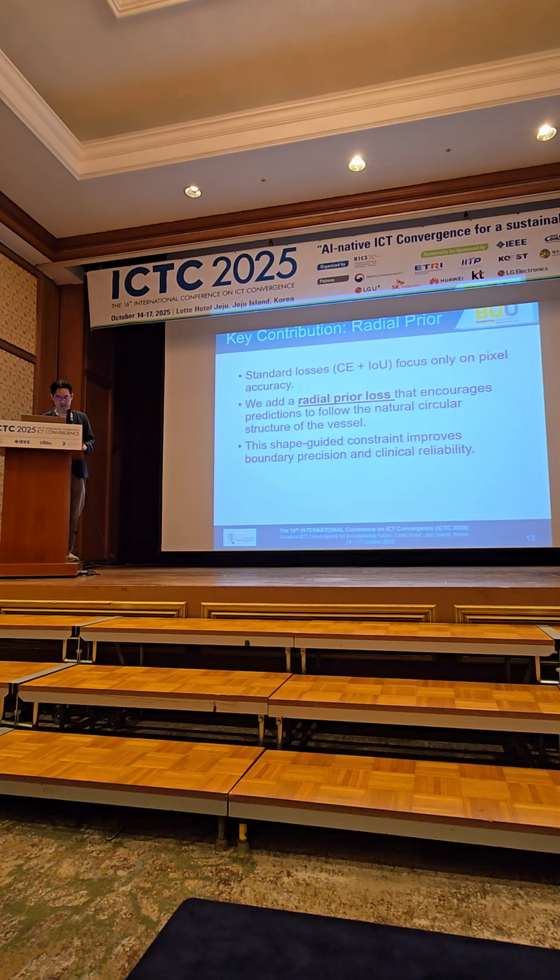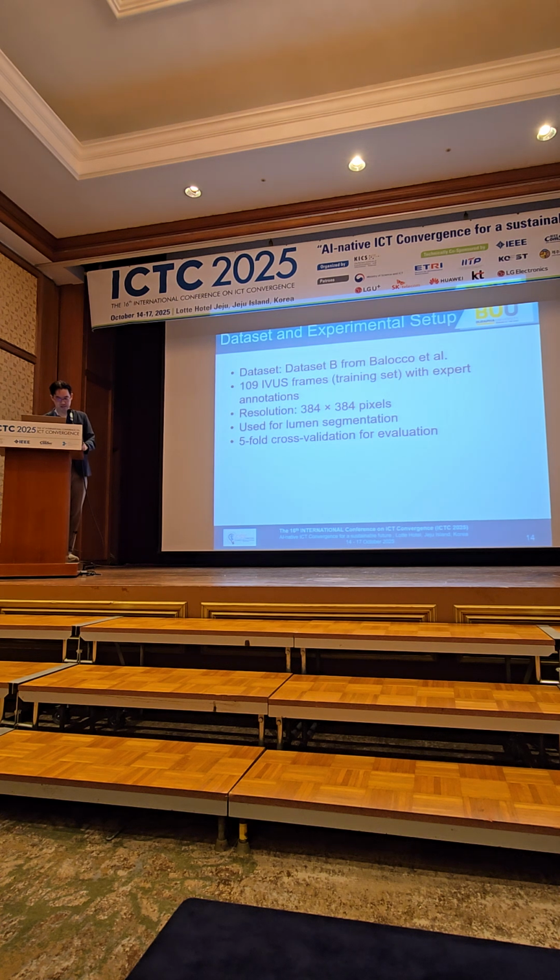So we introduce a radial prior loss. It tells the model to try to make the prediction follow a round natural shape like a blood vessel. This helps the model draw smoother and more accurate boundaries, which is very important in real medical cases.